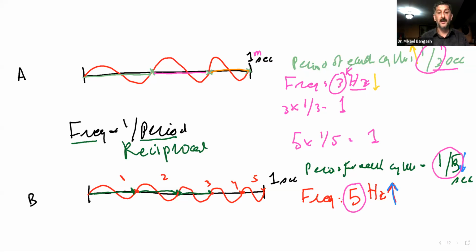So the frequency would have become a kilohertz. Clear? And since we complete 3 cycles in a millisecond, that makes the period of each cycle 1/3 of a millisecond.